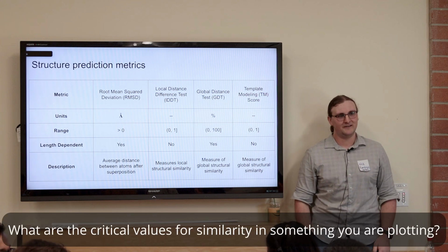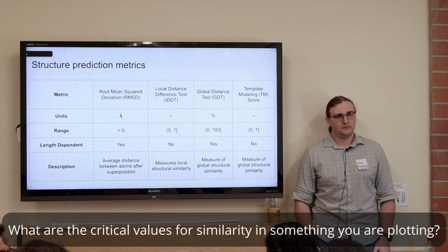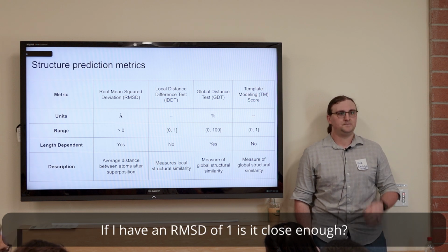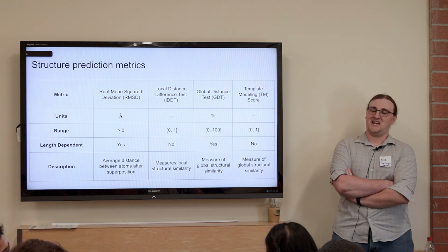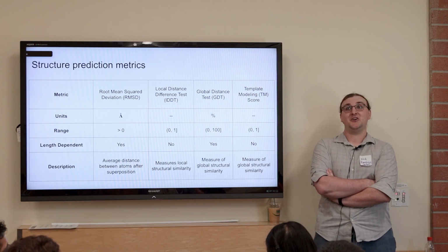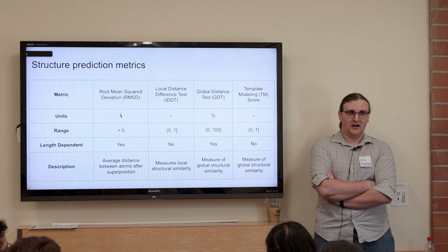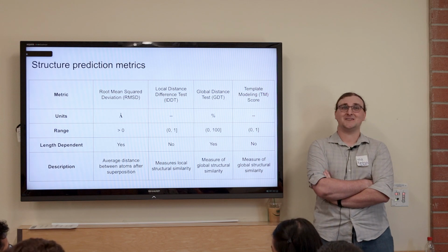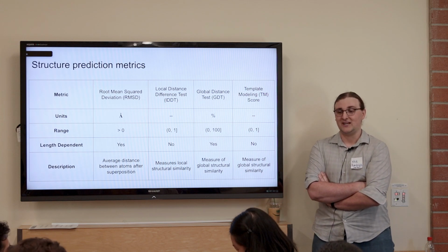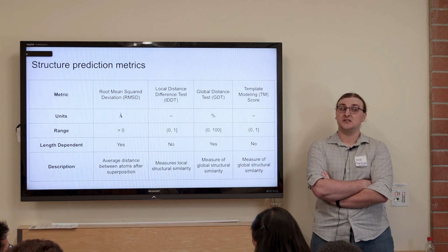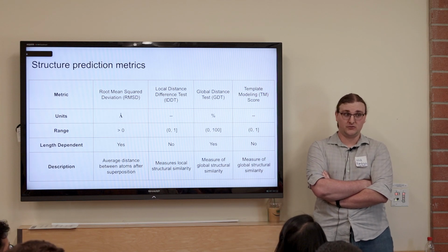And what are the threshold values for similarity for each metric? Like, if I have an RMSD of 1, is it close enough? That's a very interesting question, and it depends a lot. For RMSD, it's hard to say exactly what you want. It depends on what you're doing. If you have a catalytic active site, you want atomic detail. You want everything to be super precise.